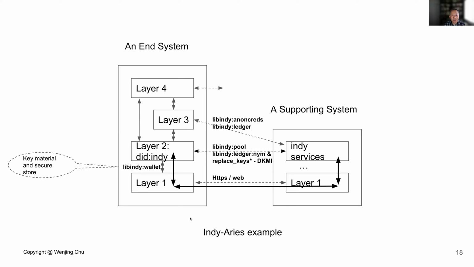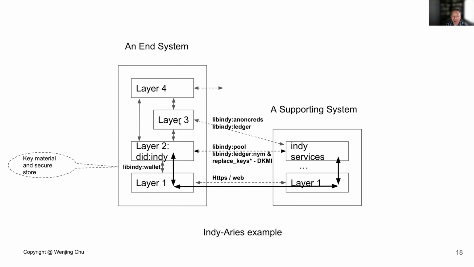Okay, so if we look at the end system, this is four layers. Supposedly, an application developer will be thinking about layer 4. You may be thinking about a digital wallet with identifiers or credentials, maybe for payment. Those are your applications, while layer 3 gives some reusable patterns.